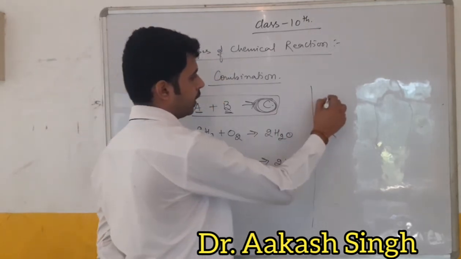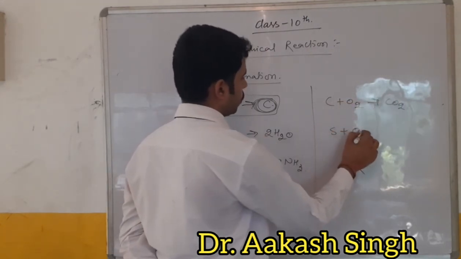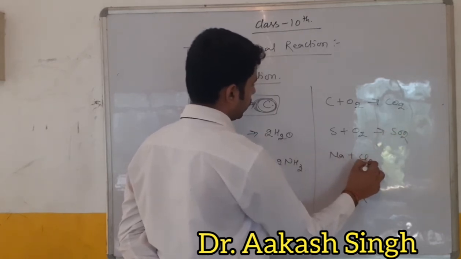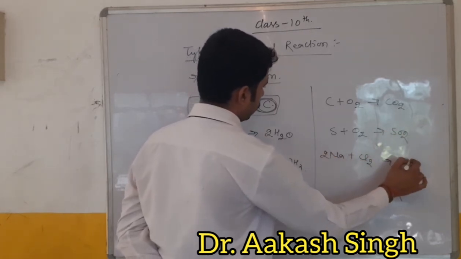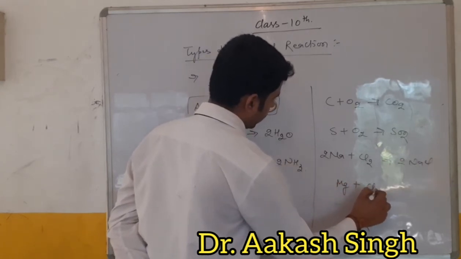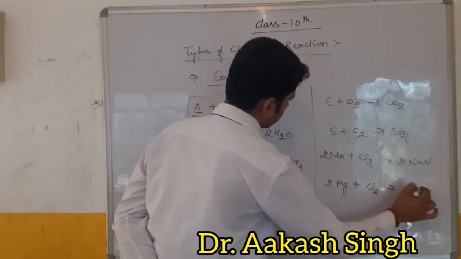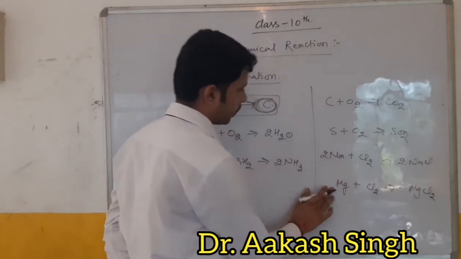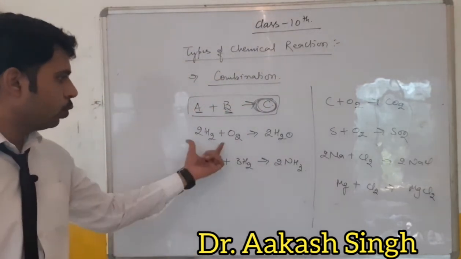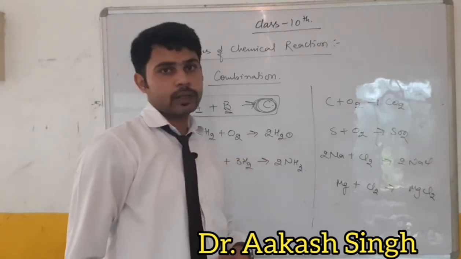The next will be C plus O2 gives CO2, S plus O2 gives SO2, Na plus Cl2 gives 2NaCl, and Mg plus Cl2 gives MgCl2. All these are types of combination reaction because two or more than two reactants combine together to give a product.